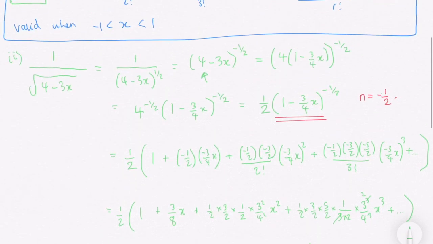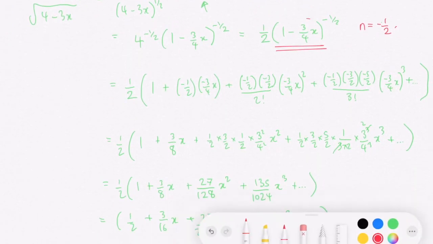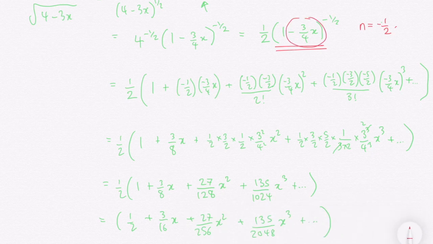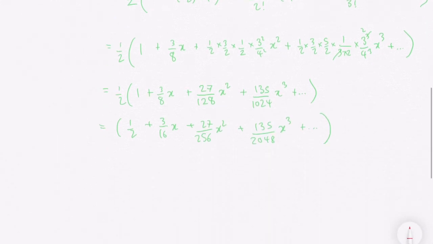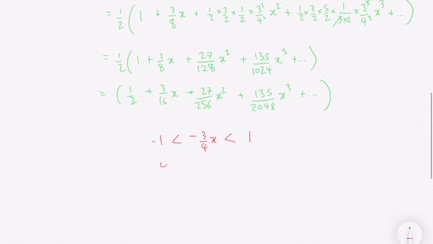Well, this binomial expansion is valid when minus 3/4 of x is between -1 and 1. Well, multiplying by 4 and dividing by 3, this gives us x is between -4/3 and +4/3.